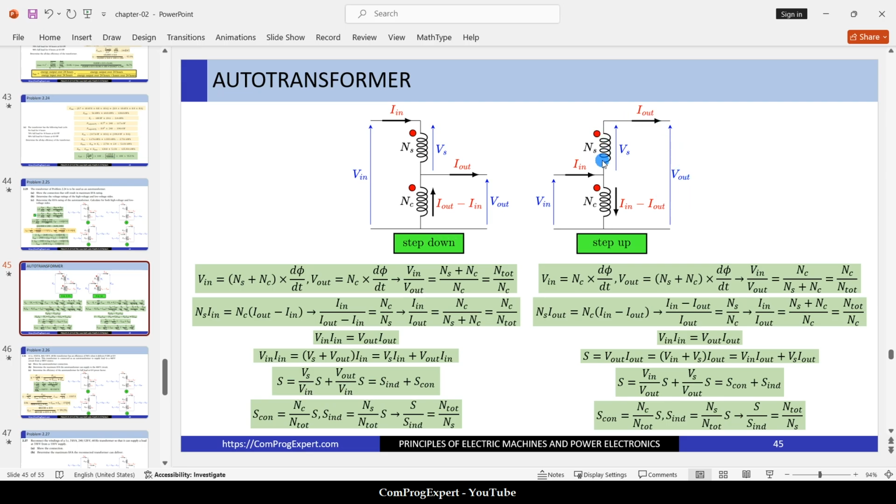You can write a KVL here: V out is Vs plus V in.